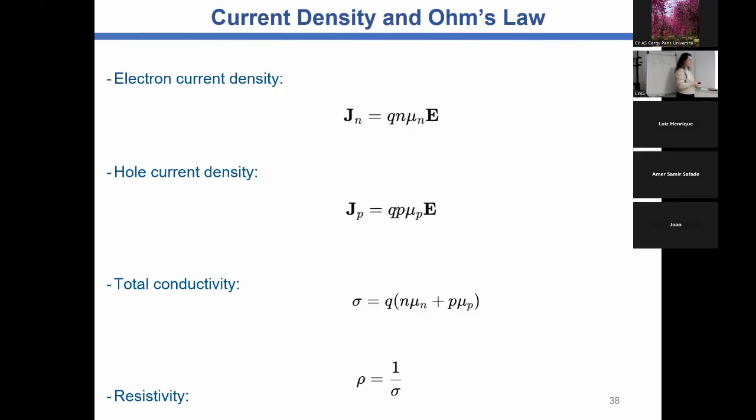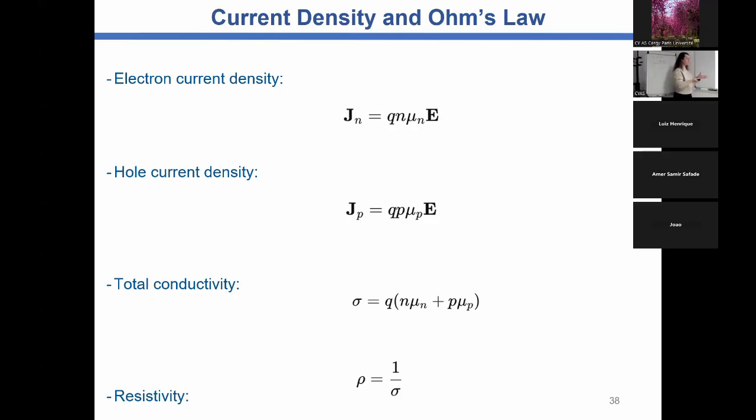So in the laboratory, we usually measure the resistivity, which can be related to the thickness, but correlated with the conductivity of the material, and this conductivity can be correlated with the mobility of carriers.